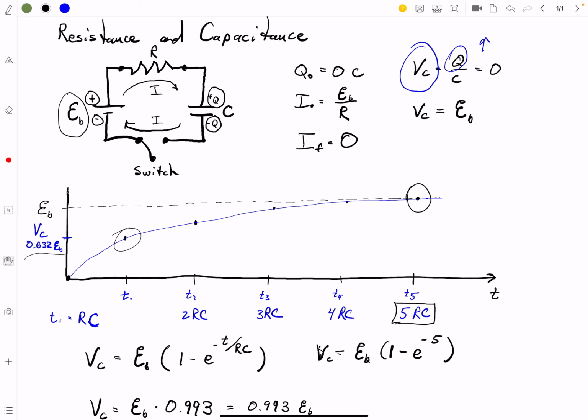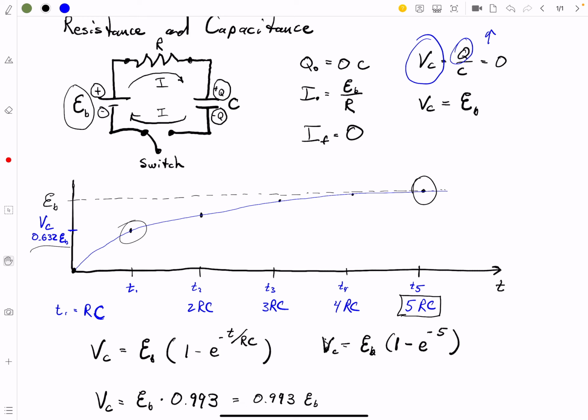So let's say R goes up, I goes down, time of charge goes up. That makes tau get bigger.